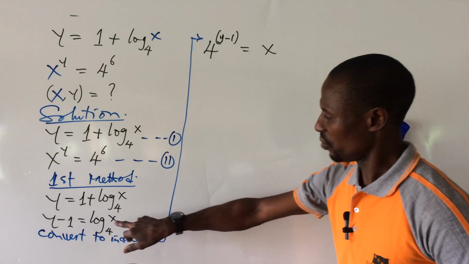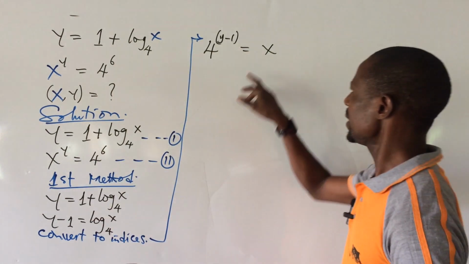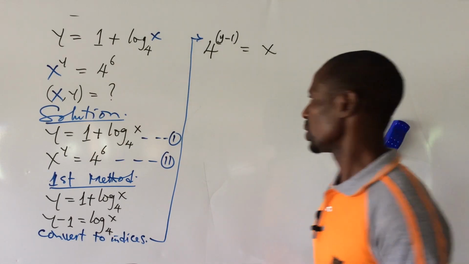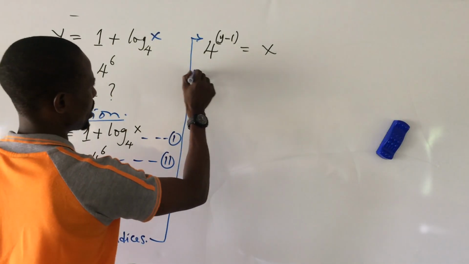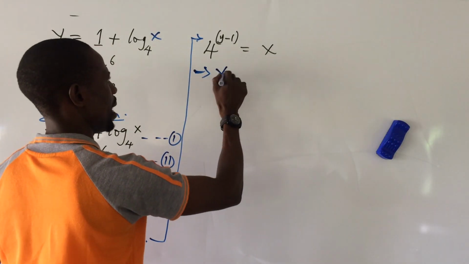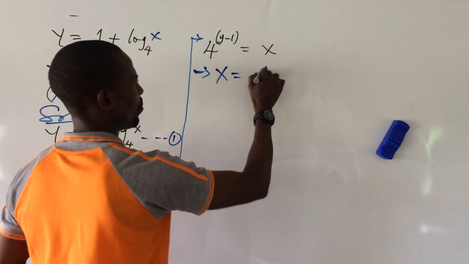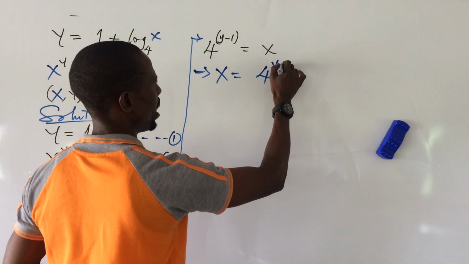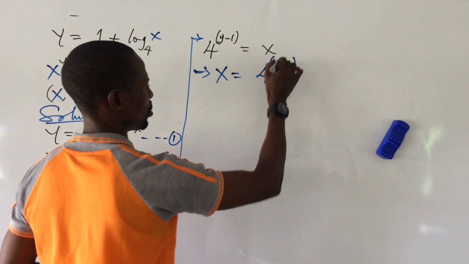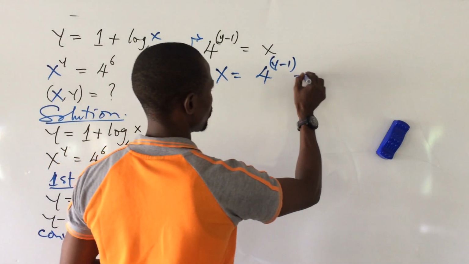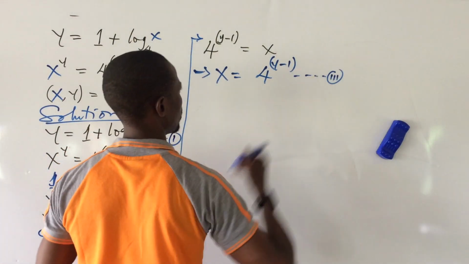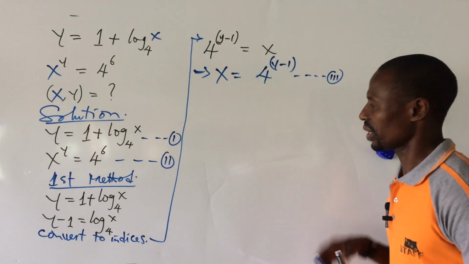What we have here now in index form implies that x is equal to 4 to the power of (y minus 1). Now let's give this equation 3. Let's hold this as our equation 3.